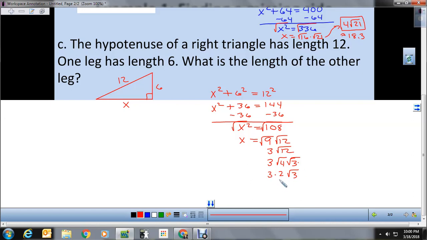Now we multiply the 3 times 2, which gives us 6 radical 3. So you could have also just taken the square root of 108, and this decimal answer would be approximately 10.4. It's important to know how to do both. It's easy to get the decimal answer, but this is usually the tougher method, so it's good to practice getting this.